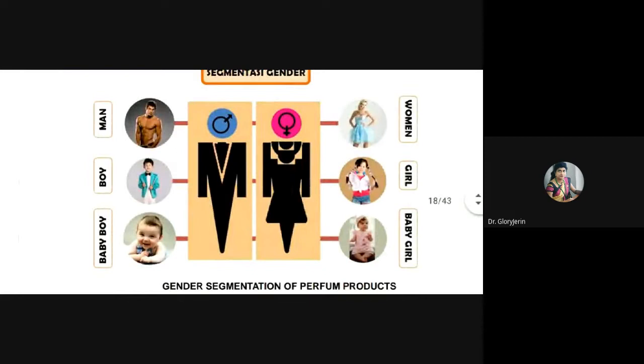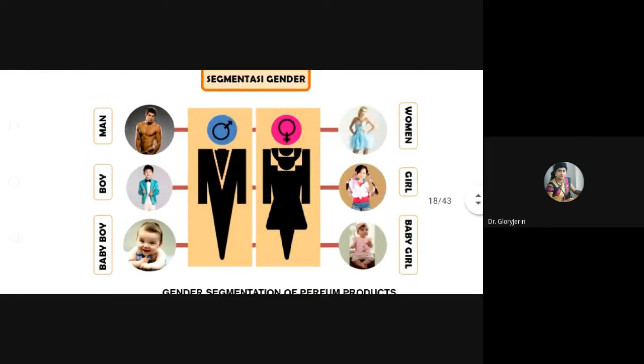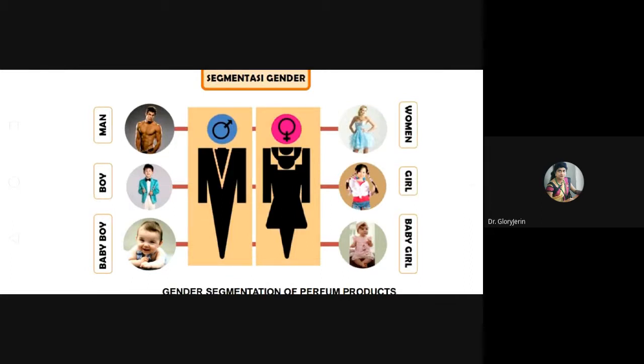We can draw in this visual, gender segmentation. Segmentation means sorting consumers into groups that have similar needs. This segmentation is done because consumers control their identity through the use or purchase of branded goods which match their personality.